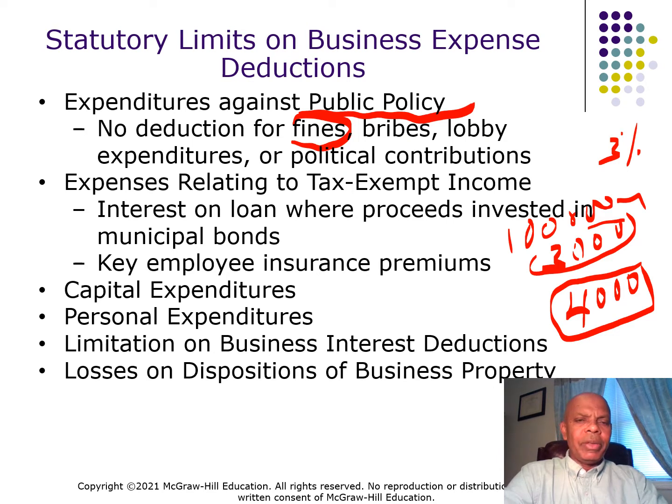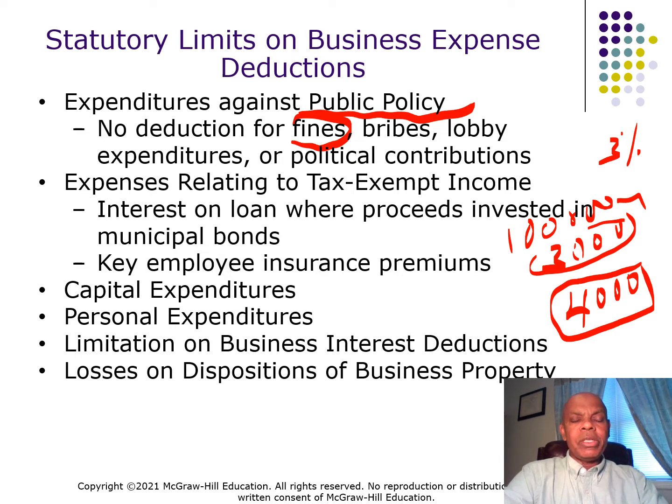Okay, then what do we have? Key employee insurance premiums. Insurance premiums are not deductible either, and it's the same thing with insurance proceeds. Usually corporations insure their own employees, especially executive type employees. Say there's a $1 million insurance policy on a CFO or CEO, whoever it is.